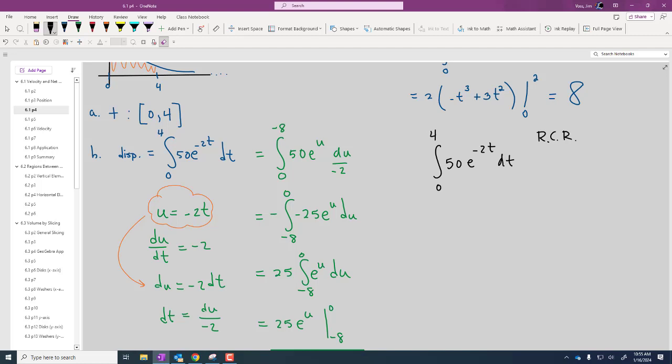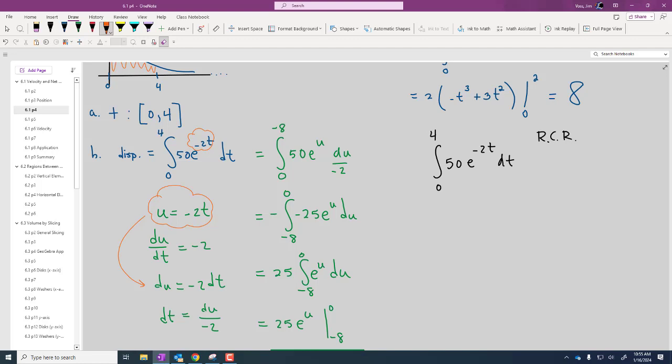So the reverse chain rule. When your substitution is linear, the integration of this is itself divided by the derivative of the exponent. So, chain rule. Remember chain rule. If you had e to the 4x, what is the derivative here?